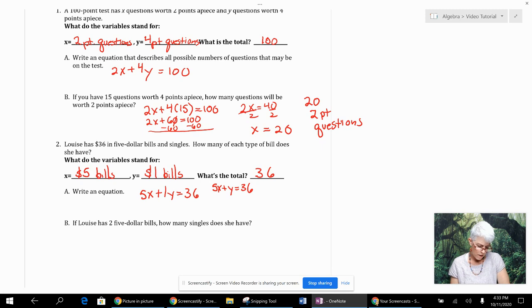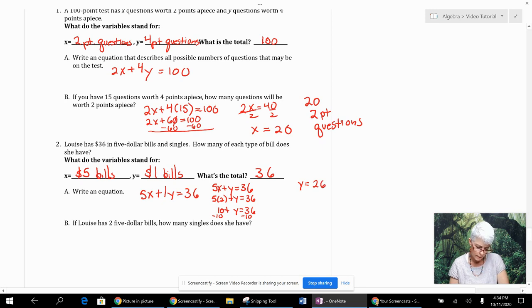All right, now if Luis has two $5 bills, we assigned x to the $5 bills, so I'm going to put that in there. So I have 5 times 2, 10, plus y equals 36. We'll subtract 10 from both sides, and we end up with y equals 26.